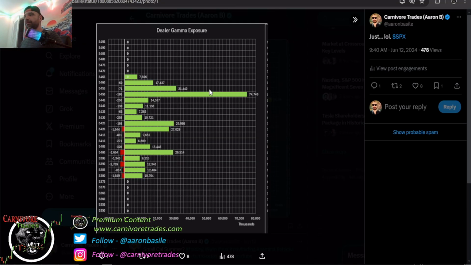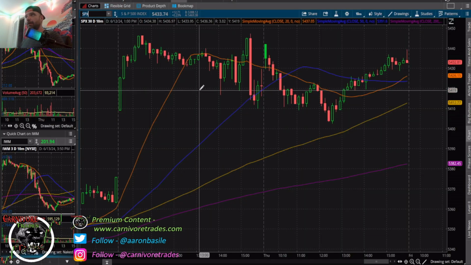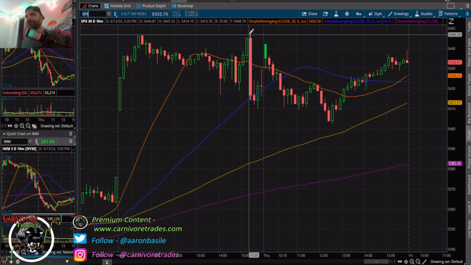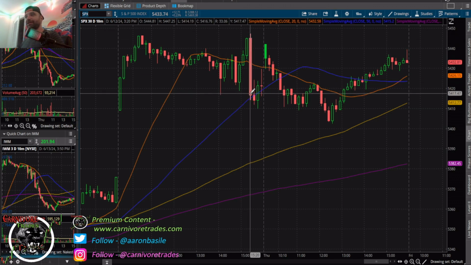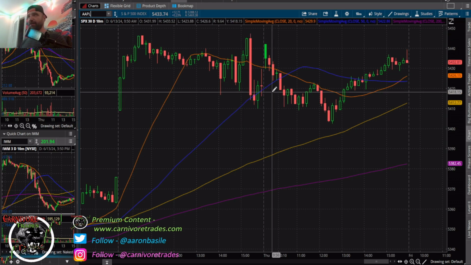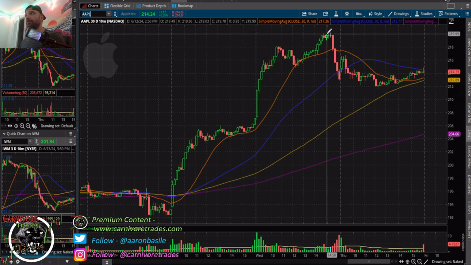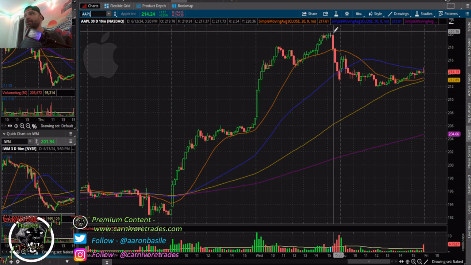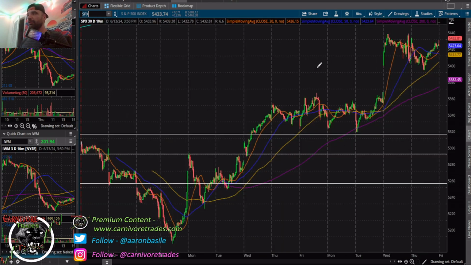Did we get to 54.50? Look at all that gamma. You think they want to pay that out? Nope, they knocked it down once, and then we tried to go up for it again in the afternoon, and they really came in and made sure that was coming down. And by the way, did that not happen at the exact same time that Apple hit 220? And Apple was the leader yesterday. So again, cool stuff here.